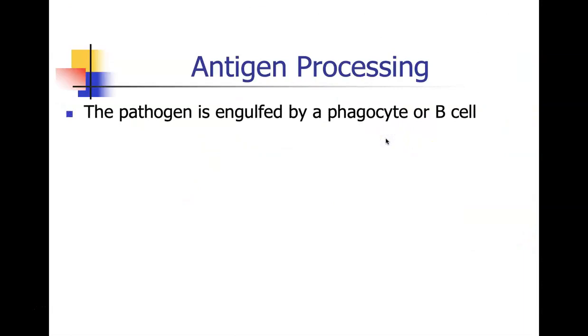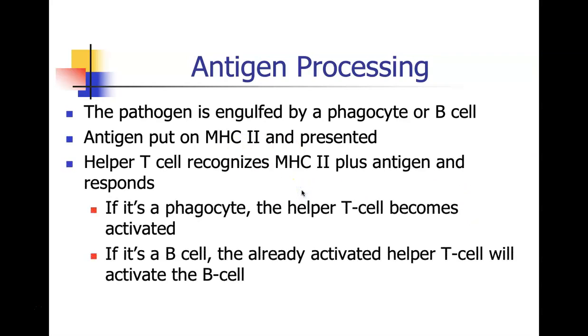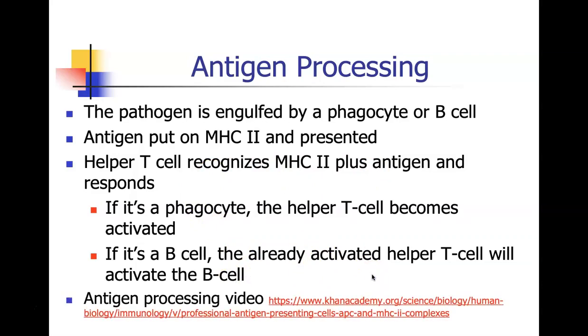So when we get a pathogen engulfed by a phagocyte or a B cell, the antigen is put on an MHC2 and presented. The helper T cell then recognizes this MHC2 plus the antigen and responds. And if it's a phagocyte, the helper T cell becomes activated. If it's a B cell, the already activated helper T cell will activate the B cell. So they're working together. Okay.